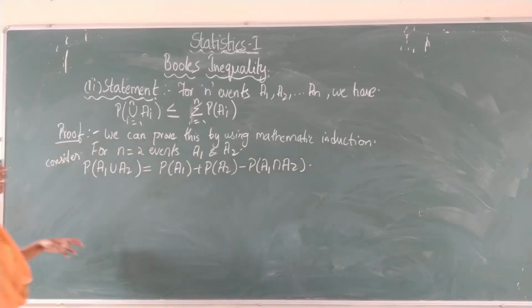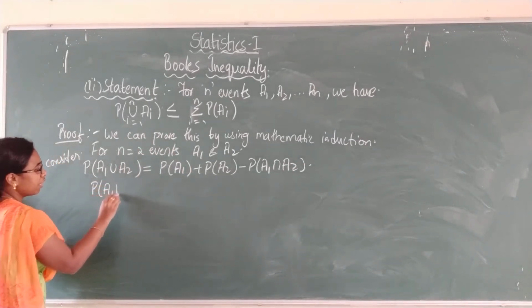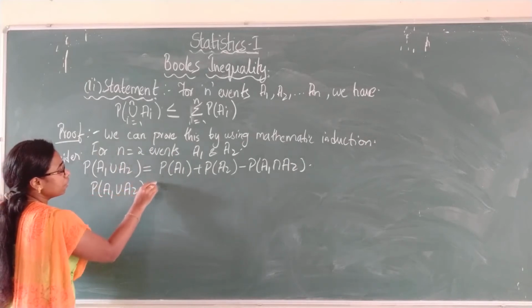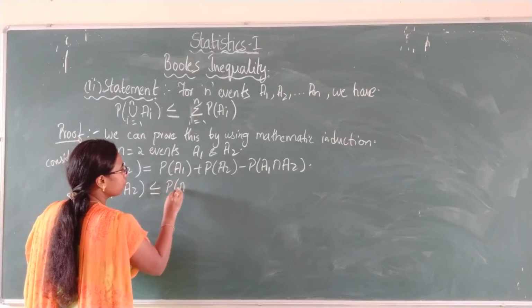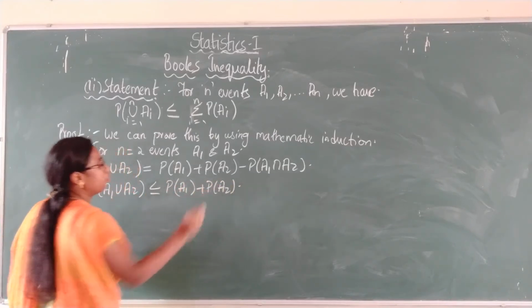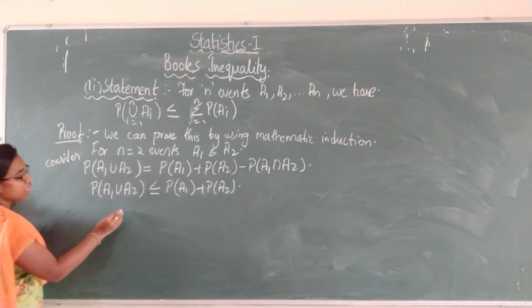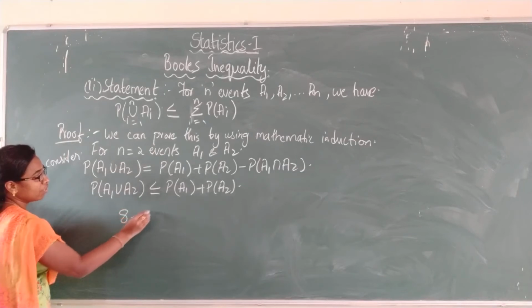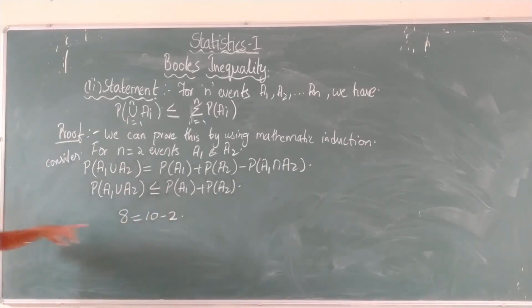So this can be written as probability of A1 union A2 is less than or equal to probability of A1 plus probability of A2. So how can you write this one? I'll give a simple example. Suppose 8 equals 10 minus 2. So compare this with this one.